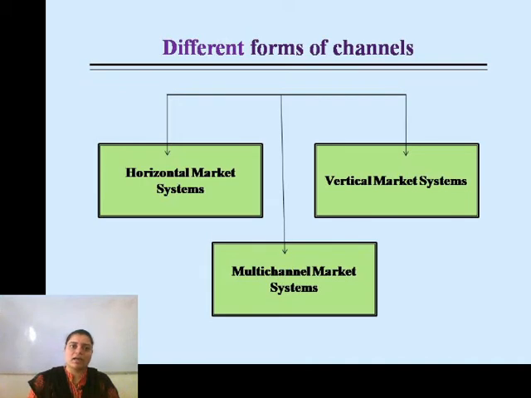The third we have is it integrates the efforts of independent channel members, which increases the efficiency of the distribution channel. Next you have is the vertical marketing system attains economies of scale by eliminating duplicate services and bargaining power.